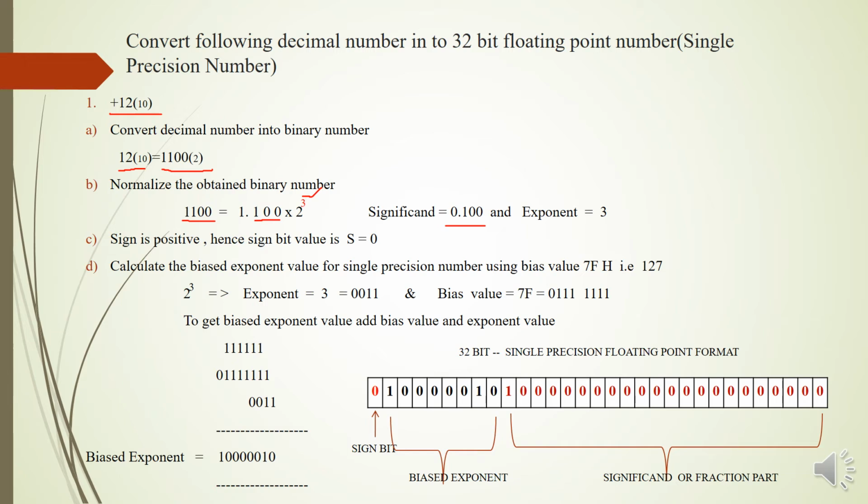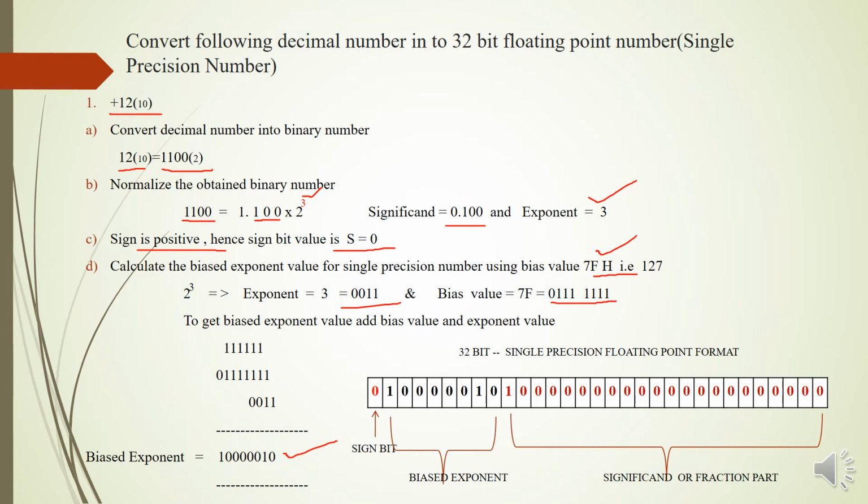Then the sign is positive, hence S is equal to 0. Calculate the biased exponent for the single precision number using the bias value 7fh. Add the exponent value and 7fh, convert them into binary, and whatever sum we obtain will be the biased exponent of the given decimal number.